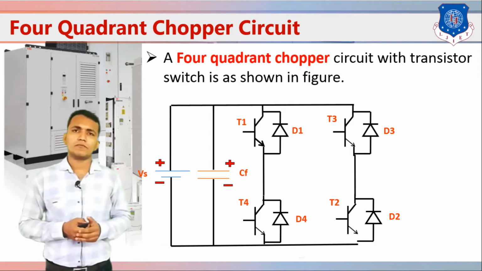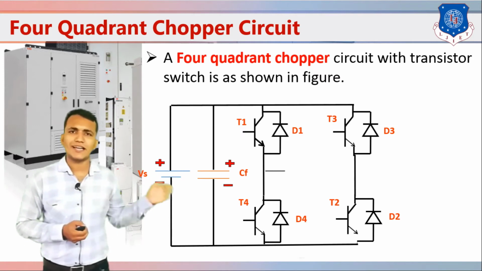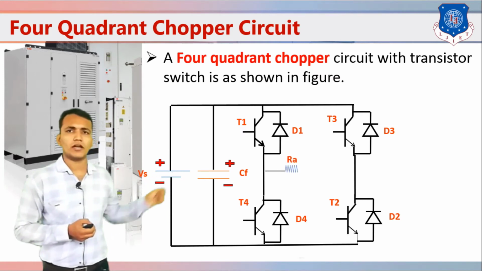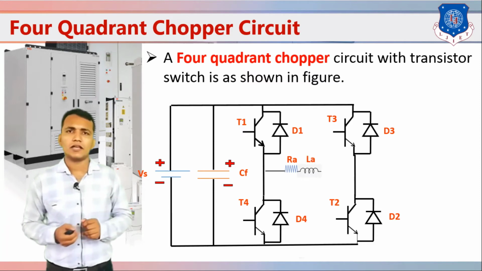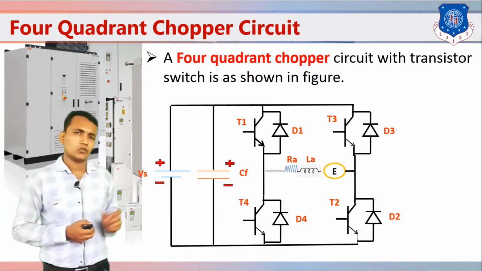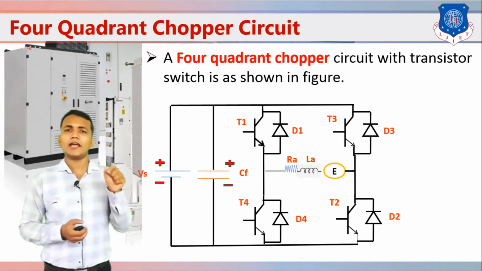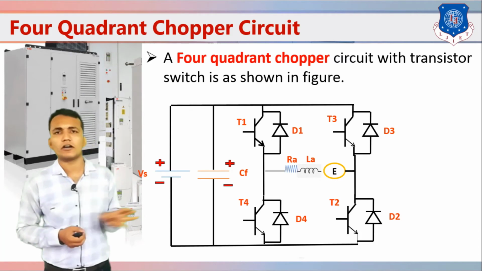Now we take the load circuit. At the center portion we connect the load RA, then LA, and E, that is the back EMF. So that is the armature circuit, RA, LA, and E, the motor armature.